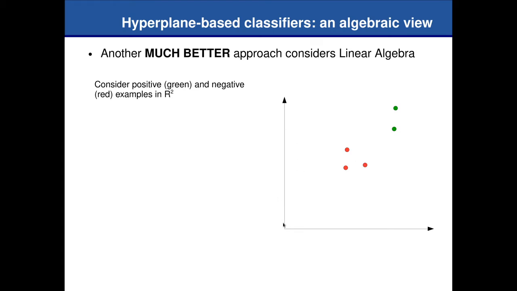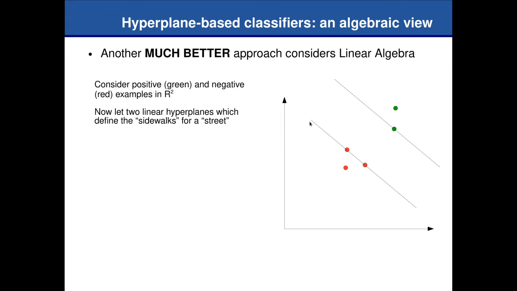I'm working in R2, so my space is a typical bidimensional space. I could say this is, as before, like temperature, and this is like pressure, or maybe a different variable. Okay. At this point, I have one first consideration.